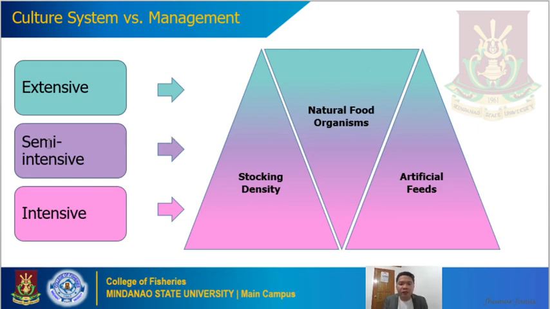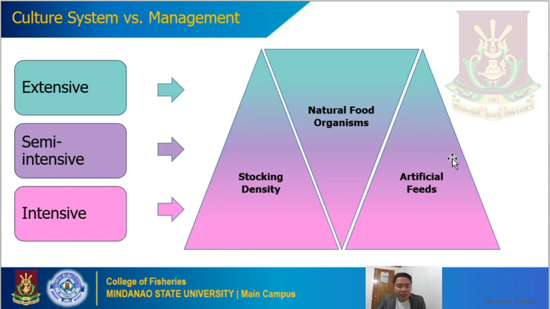And if you take a look at the semi-intensive, it starts to decline. The dependency on natural food organisms starts to decline, and the stocking density starts to increase. It has now a broader area for stocking density, as well as the inputs of artificial feeds. So normally semi-intensive will be supplemented with artificial feeds apart from the inputs from the natural food organisms.